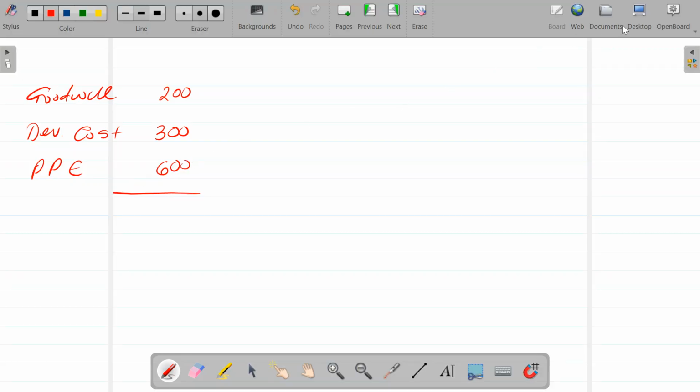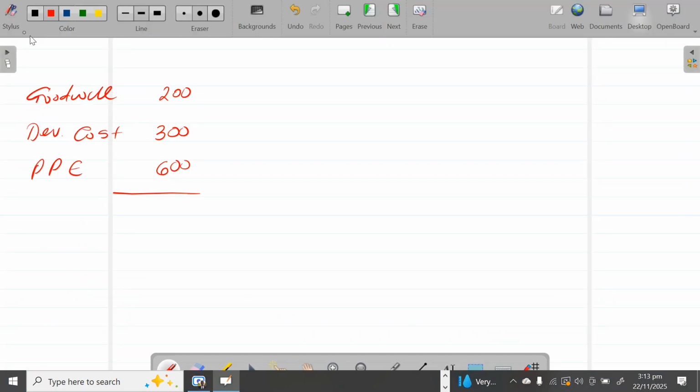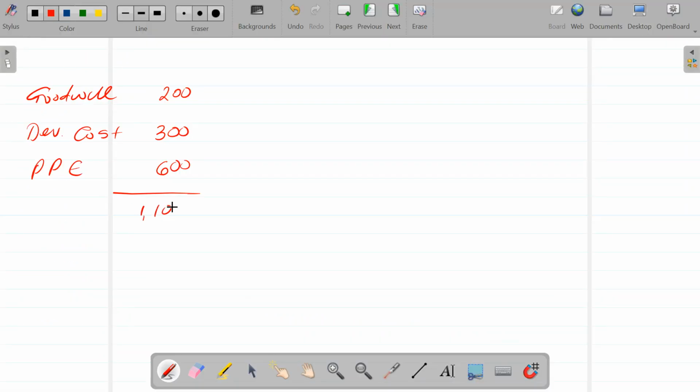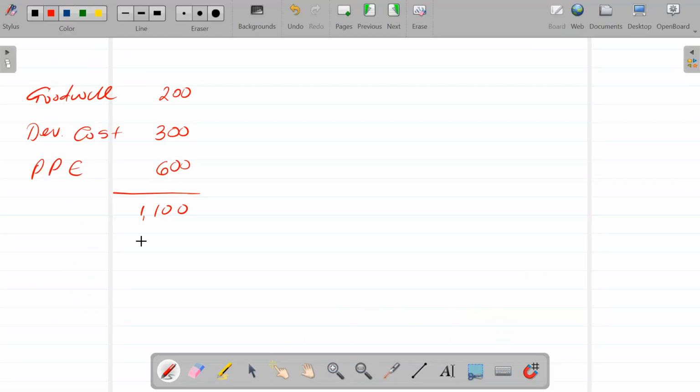So when you add everything, you are getting 1,100. Now we are told that the recoverable amount is 780. So what is the impairment? 1,100 minus 780, 320. Okay, 320.